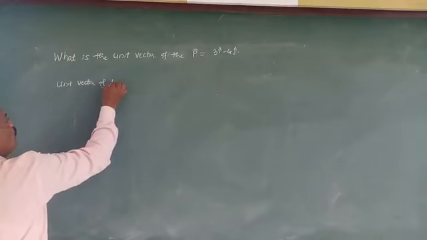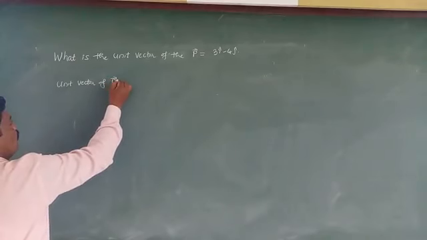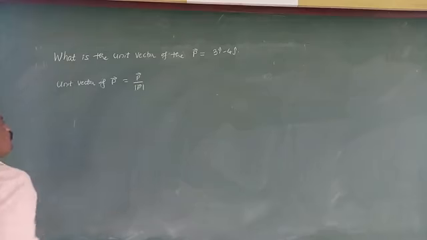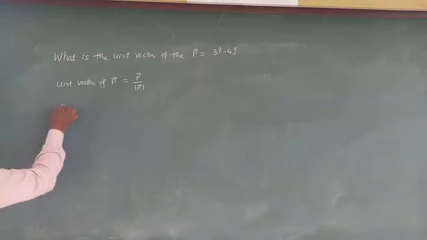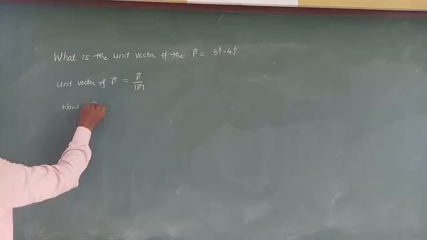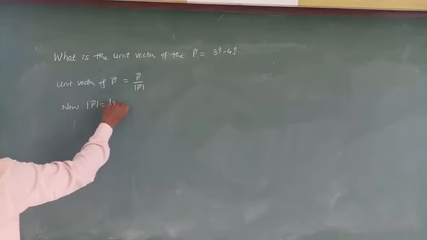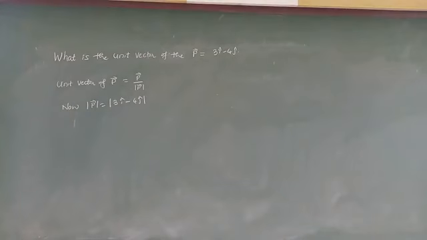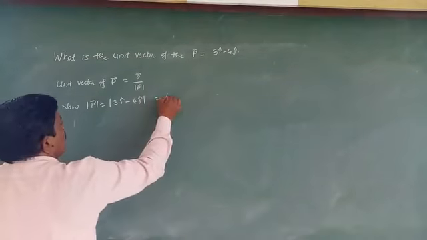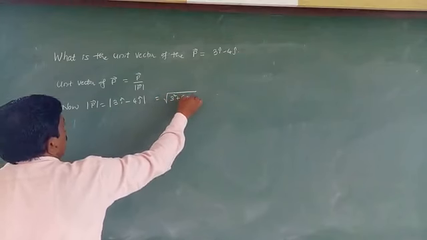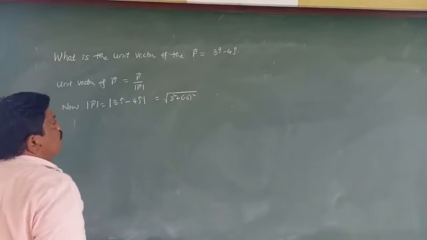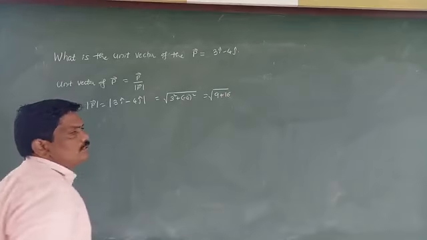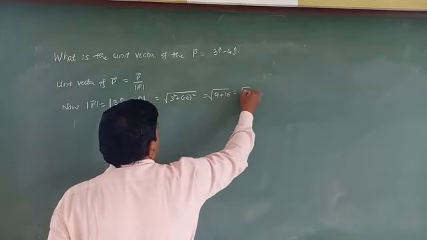So the unit vector of vector P equals vector P divided by magnitude of P. The magnitude of vector P equals the magnitude of 3 i cap minus 4 j cap, which is square root of 3 square plus minus 4 square. 3 square is 9, minus 4 square is 16, so you get 25.